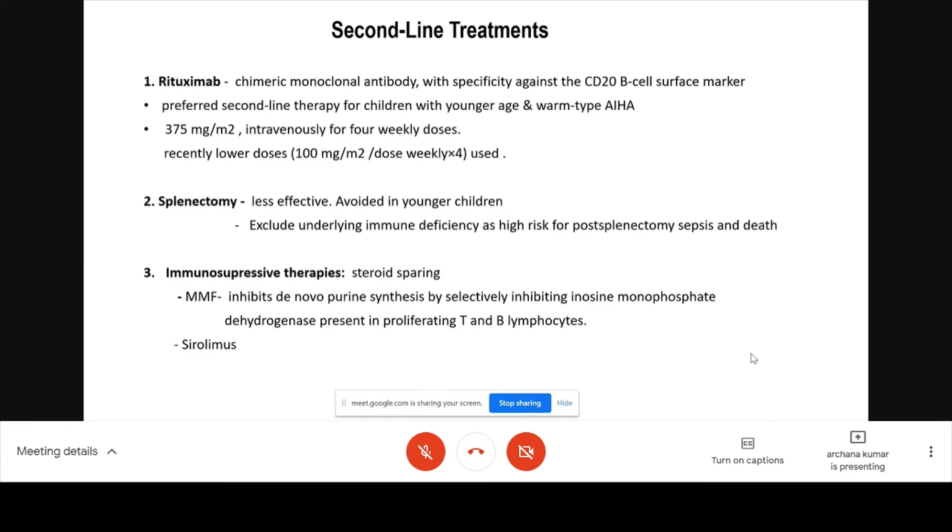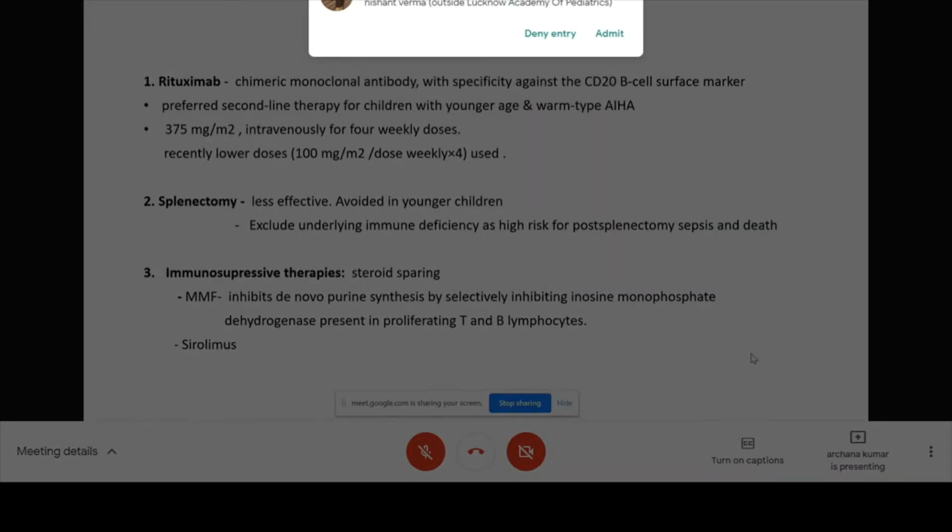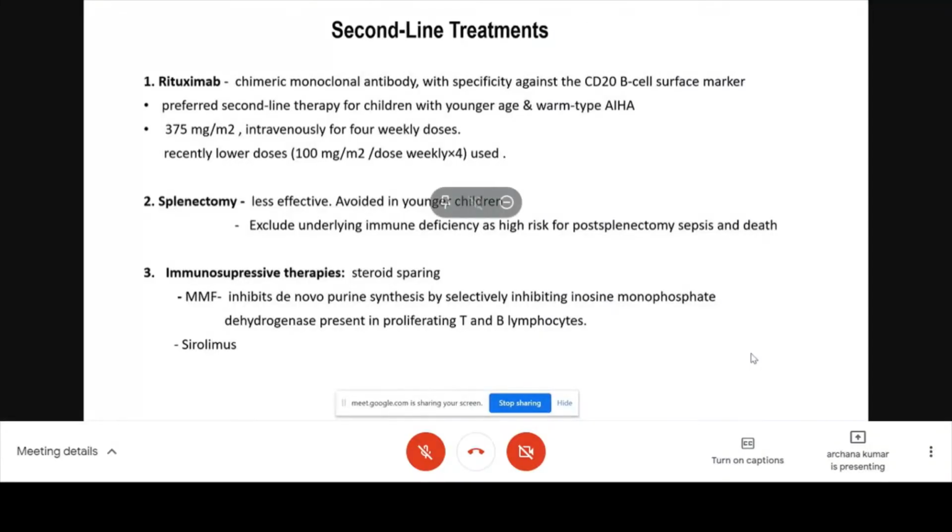Also, it's very important to exclude an underlying immune deficiency because these children are at a very high risk of post-splenectomy sepsis and death. So, splenectomy really comes much lower down now in our therapy. And now we are using more steroid-sparing immunosuppressive therapies if the child is not responding to corticosteroids, or if we are having to give it for a very long term.